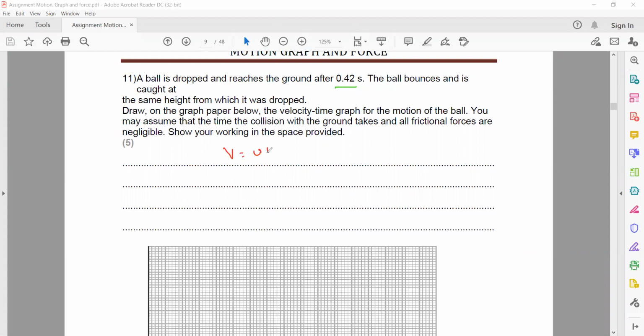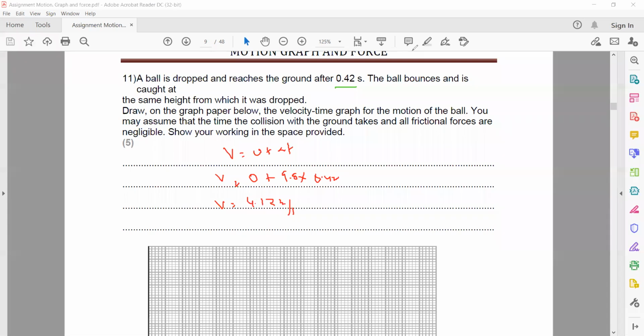So v equals u plus at. Initial velocity is 0 as the object is dropped, a is 9.8, and t is 0.42. So we'll get the final speed in 0.42 seconds, which will come out as 4.12 meters per second. So that's the final speed.